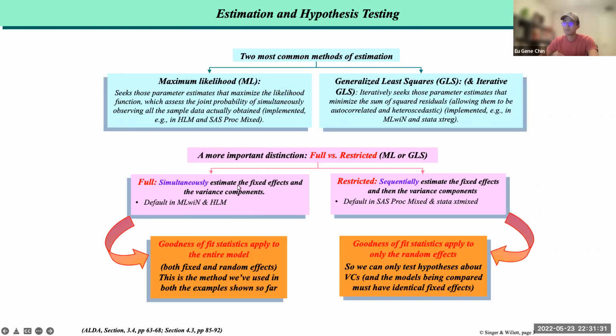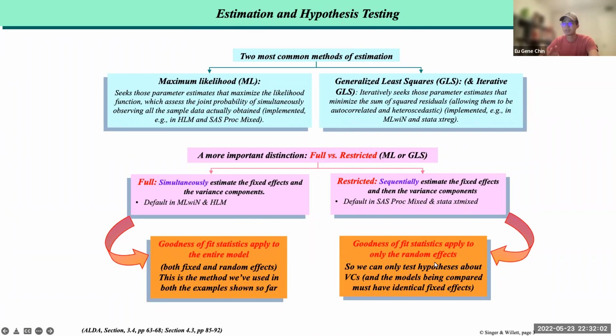So if you're using the full approaches to estimation, for maximum likelihood or GLS, the goodness of fit statistics actually apply to the entire model, both the fixed and random effects. And so that's the reason why I like to use this. Whereas if we were to go with the restricted approach, yes, technically they're a little bit more precise in terms of the estimation approach, but the goodness of fit statistics apply only to the random effects.